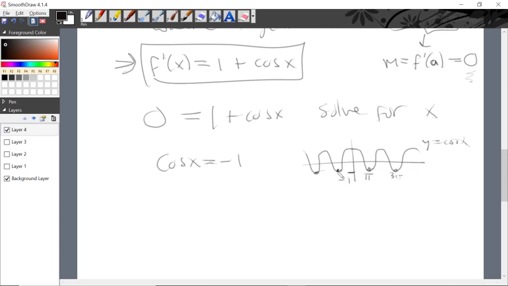This would be at negative pi and at negative 3 pi. So all odd integer multiples of pi. Okay? So how do we write odd integer multiples of pi?